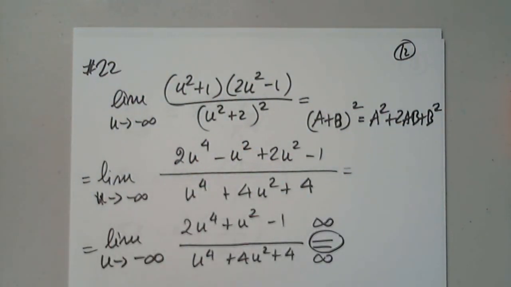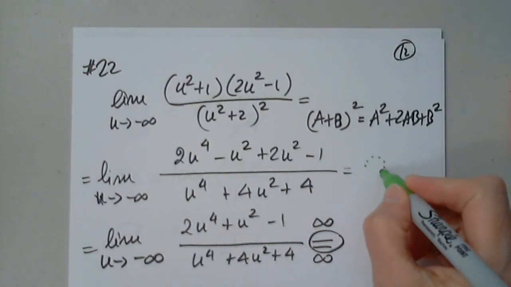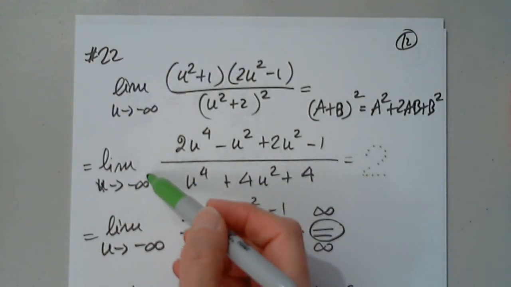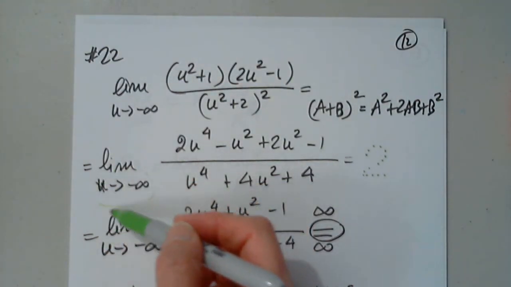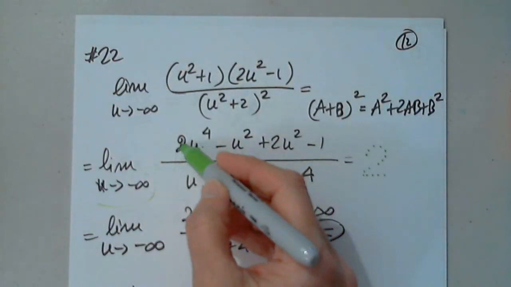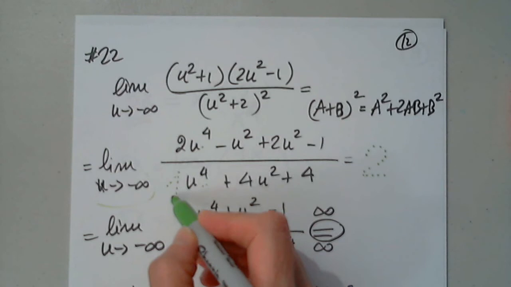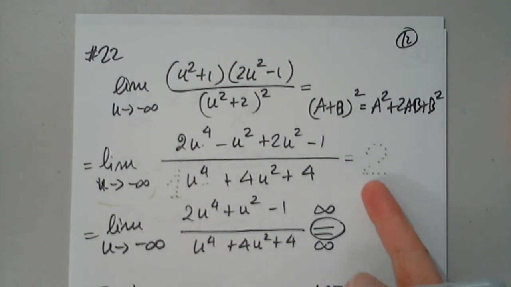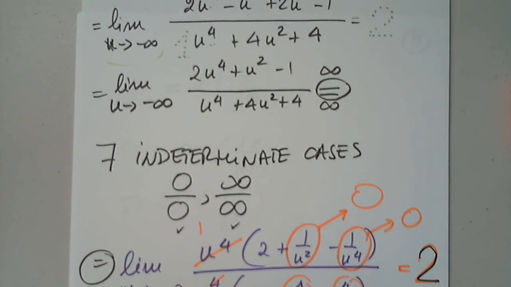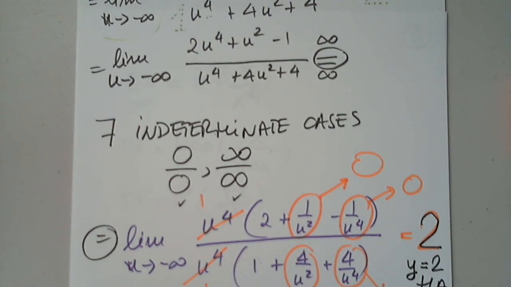The answer is 2. As long as x or u approaches infinity or negative infinity, and it's the same degree over same degree, it's the leading coefficient over the leading coefficient. But here we go further, and we explain why this is the case.